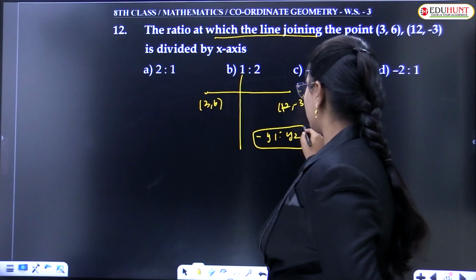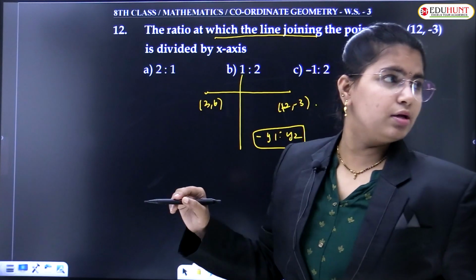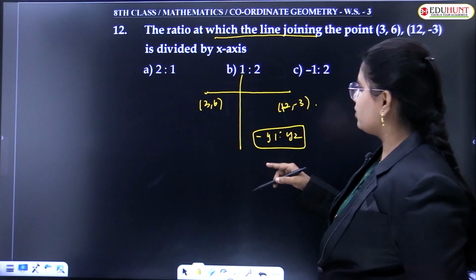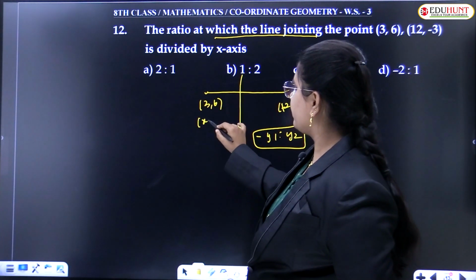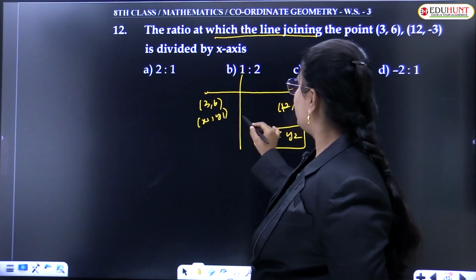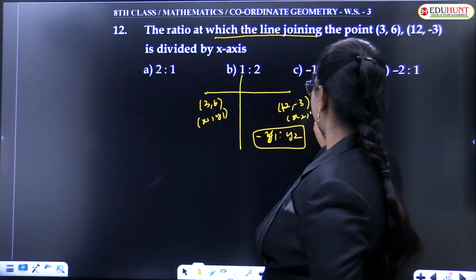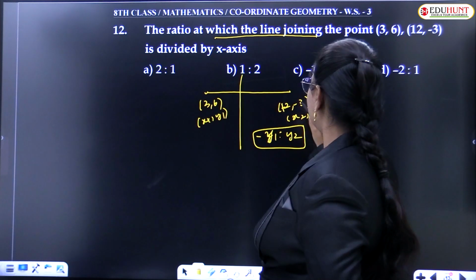Already I have explained it in the question. The formula is -y1 is to y2. So this is x1 and y1, and this is x2 and y2.